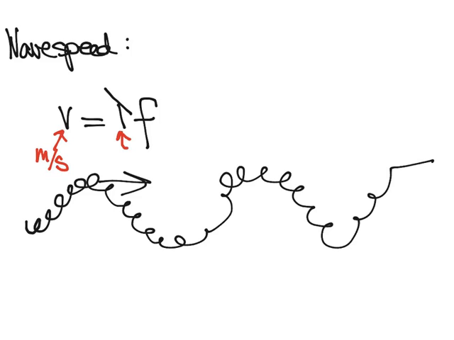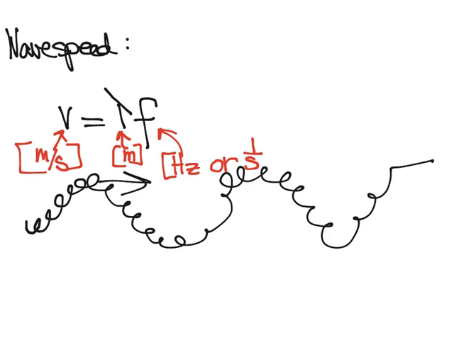Lambda here is our wavelength, and that's going to be in meters. And then just like in simple harmonic motion, we have frequency here. And frequency is in hertz, but hertz is really the same as 1 divided by seconds, because it's the number of times per second a wave repeats itself. And so what we end up having is velocity is equal to meters times 1 over seconds, which is the same as meters per second.